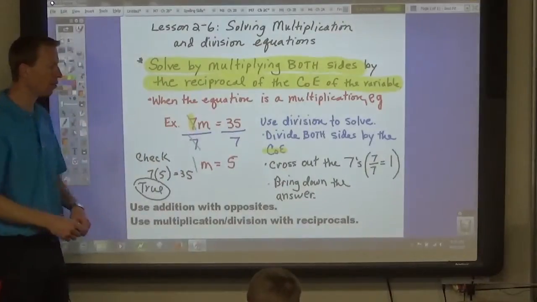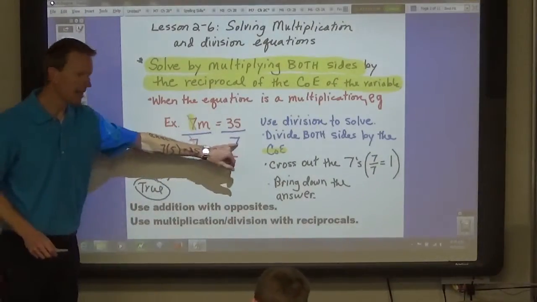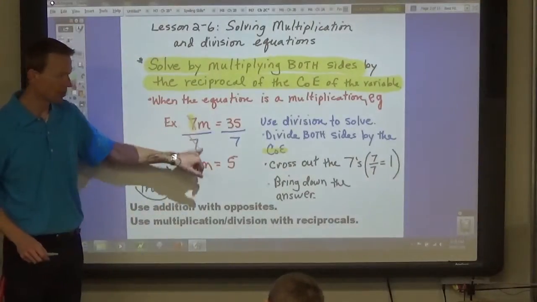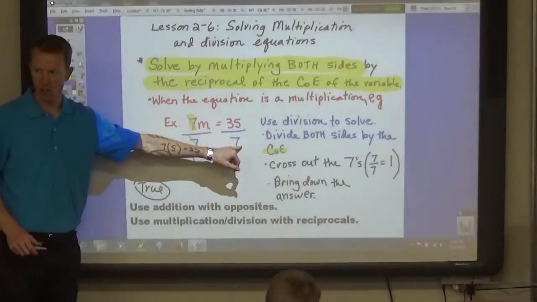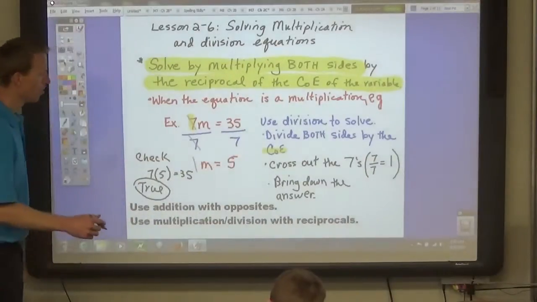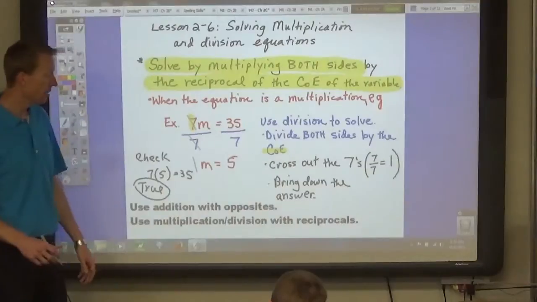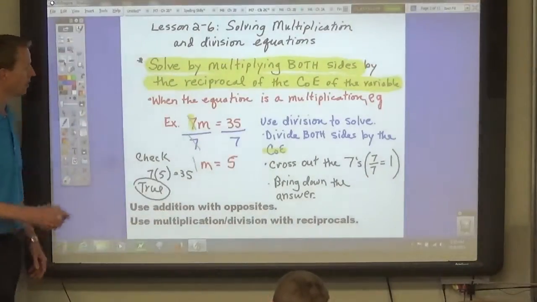So 7m equals 35. Divide both sides by the coefficient, which is 7. Cross out those. Same thing you have to do on the quiz tomorrow. And then simplify it so you can prove the answer, right?